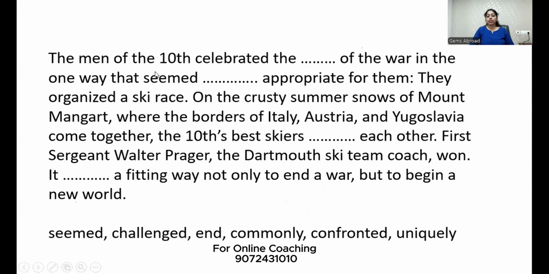The men of the tent celebrated the dash of the war in the one way that seemed dash appropriate for them. They organized the service. The men of the tent celebrated the what? Seemed of the war, challenged, end of the war, commonly confronted uniquely. So it has been dash of the war.